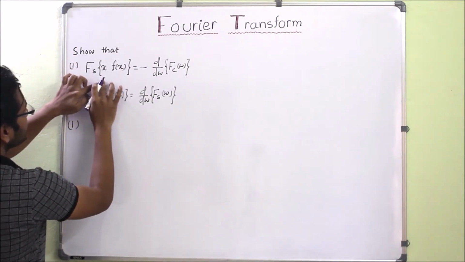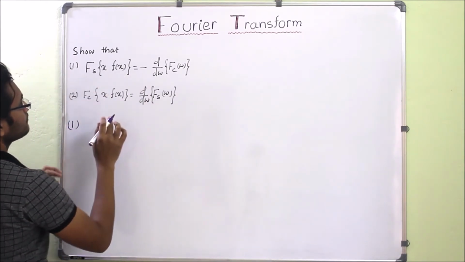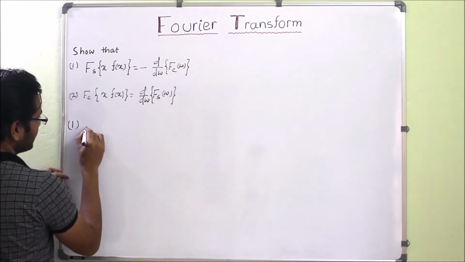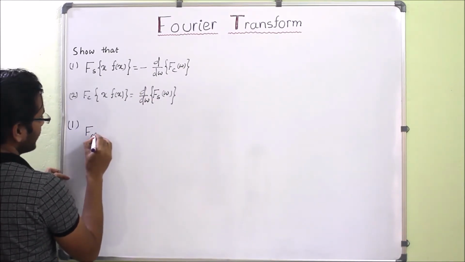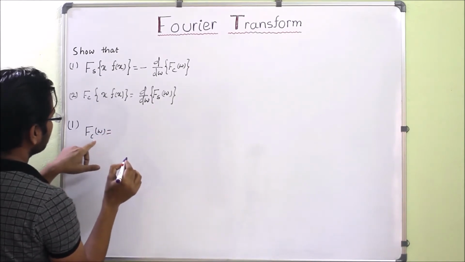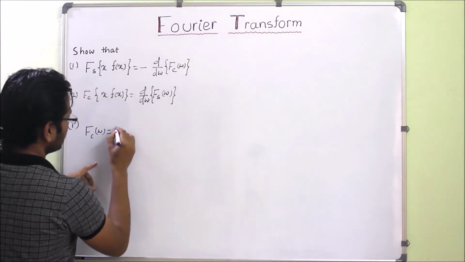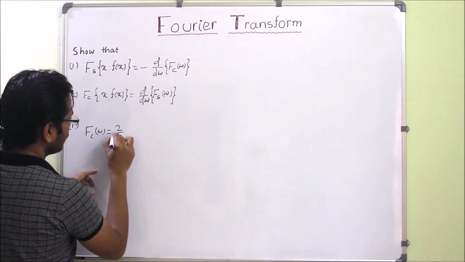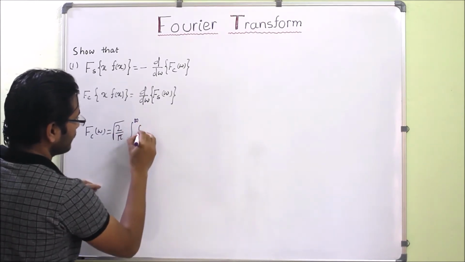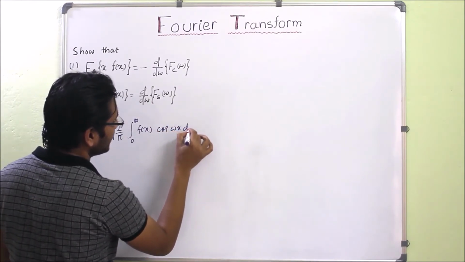So Fs of x f of x. Now what to do? We'll start with the RHS. In the RHS we have Fc of w. Fc of w is the Fourier cosine transform of this function f of x, which is square root of 2 by pi, integration from 0 to infinity, f of x cos wx dx.